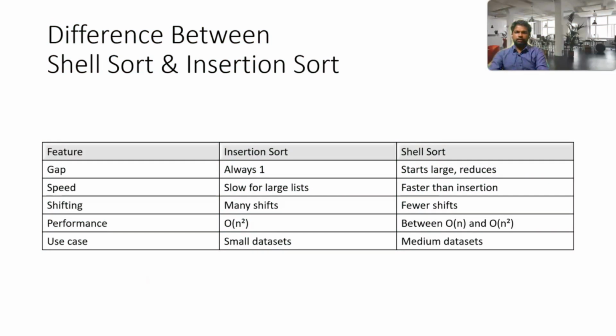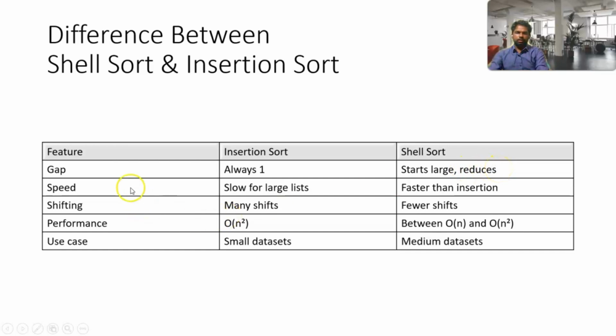Now let's see the difference between shell sort and insertion sort. If we consider the feature gap, insertion sort always uses a gap of 1, comparing adjacent elements. Shell sort starts with a larger gap and then reduces it until it becomes 1.